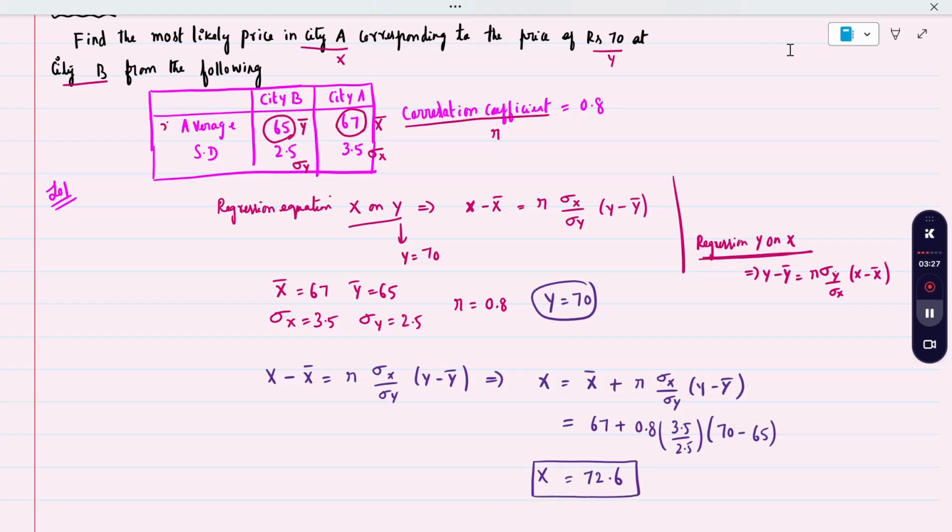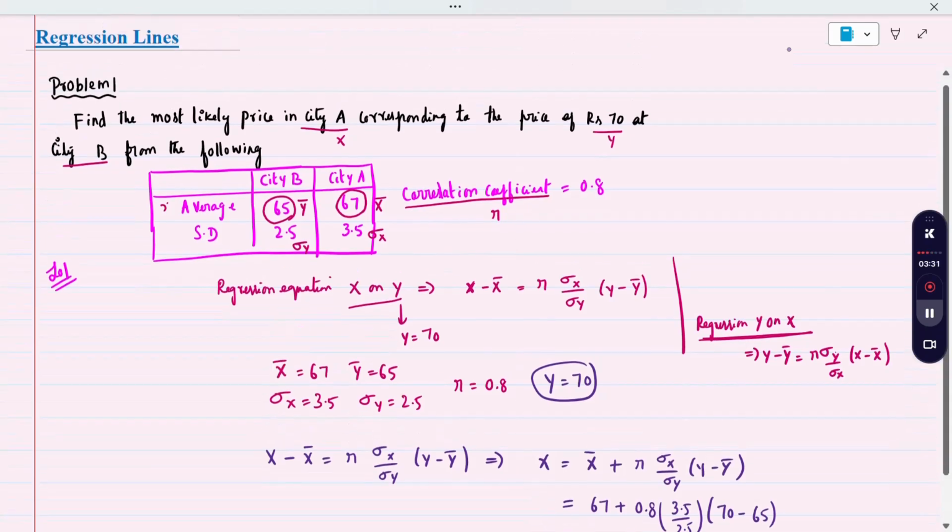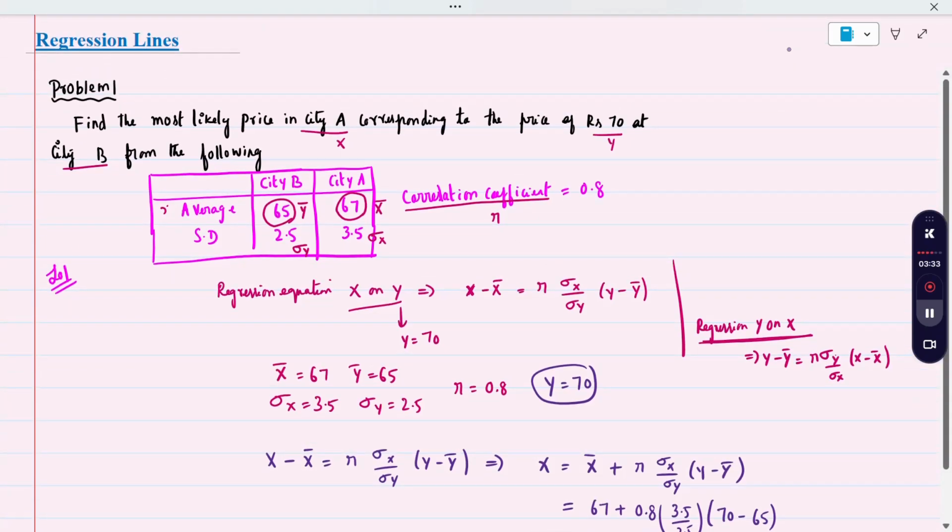So what is the use of this? The regression equation, whatever the data, I can calculate after the data or before the data. It may be X on Y or Y on X. Any data I can calculate using the regression equation.